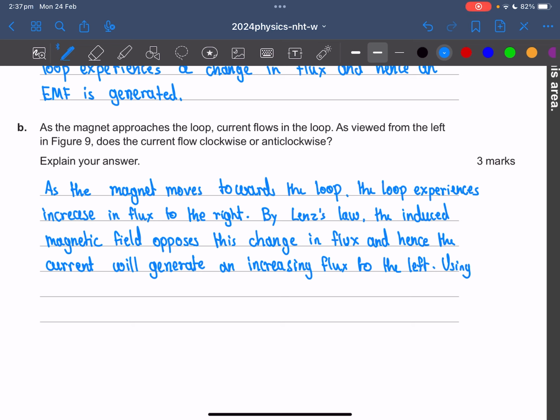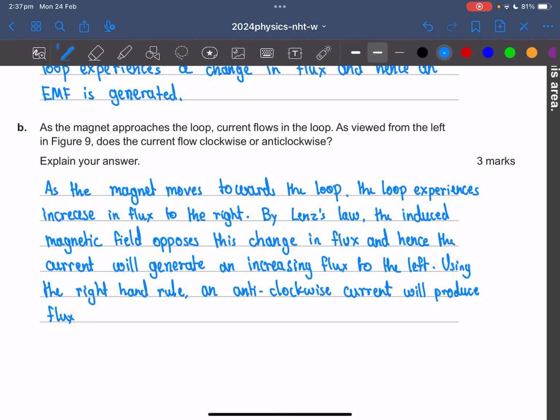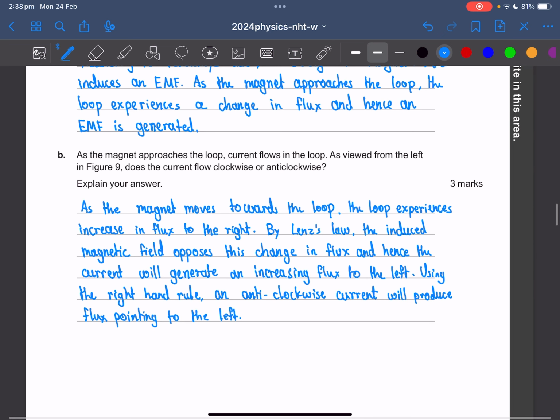And using the right hand rule, an anti-clockwise current will be produced, or maybe will produce flux pointing to the left. Okay, hopefully that made sense.